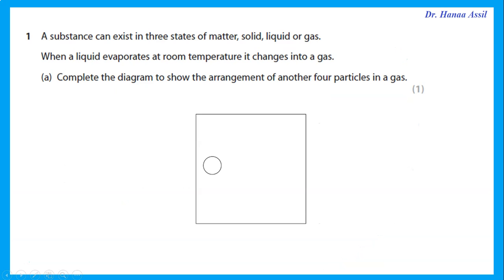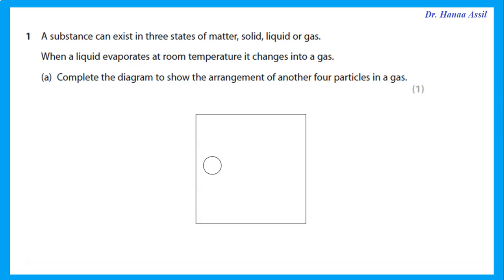The first question in this exam was: a substance can exist in three states of matter, solid, liquid or gas. When a liquid evaporates at room temperature, it changes into a gas. Complete the diagram to show the arrangement of another 4 particles in a gas.